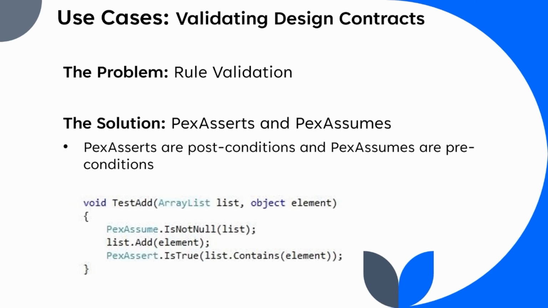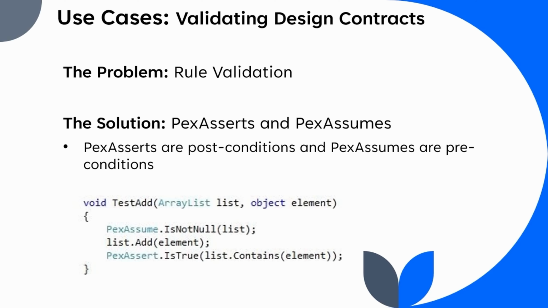PEX assumes we're assuming that the array provided in the test add method is not null. And then we are adding an element to that list, and then we are making sure that the list contains an element. So what the engine's going to do, it's going to say, okay, I will not pass null lists. It doesn't say anything about empty lists, non-empty lists, whatever.